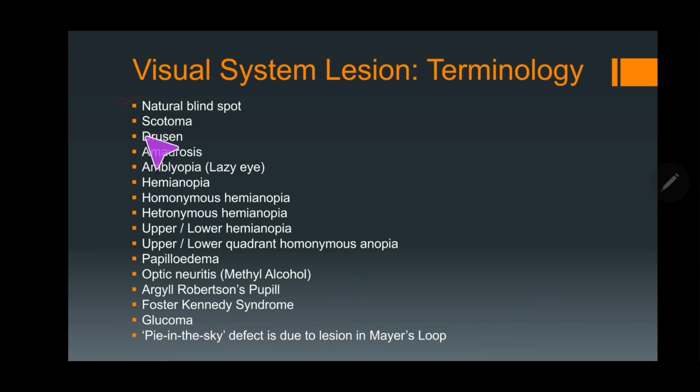Now talking about scotoma. Scotoma is any defect in the visual field, at any area of the visual field. If you find blindness, loss of vision, that is called scotoma. Then drusen, I have already uploaded a lecture on this. These are some yellowish depositions in the central retina which you see on ophthalmoscopic examination.